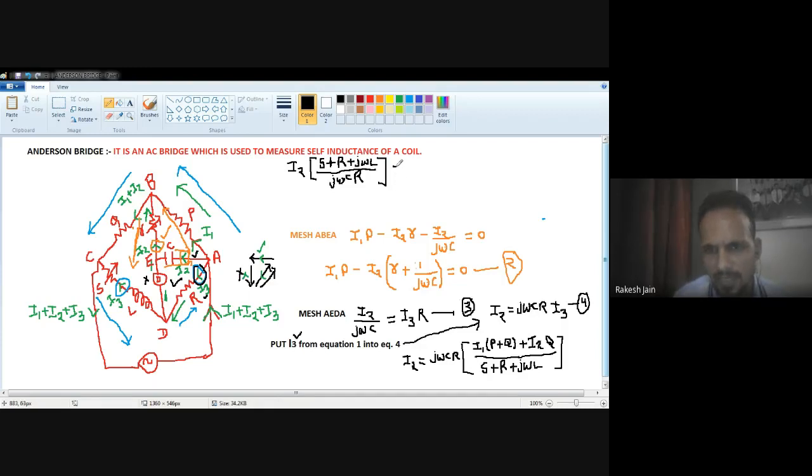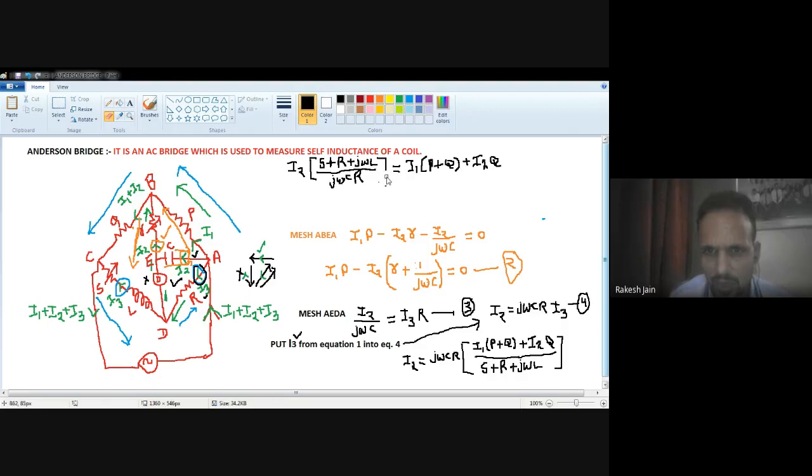At the right hand side we will have only I1 P plus Q plus I2 Q. So at the left hand side, I2 S plus R plus j omega L is equal to I1 P plus Q plus I2 Q. Or we can move this I2 Q from the right hand side to the left hand side.